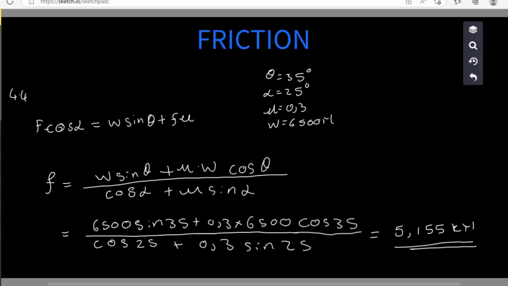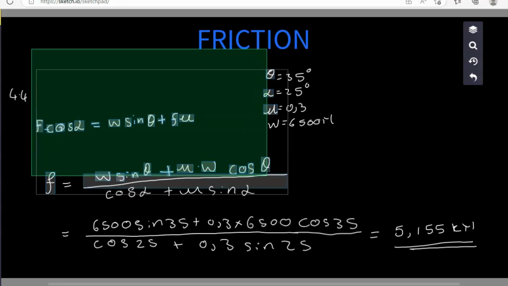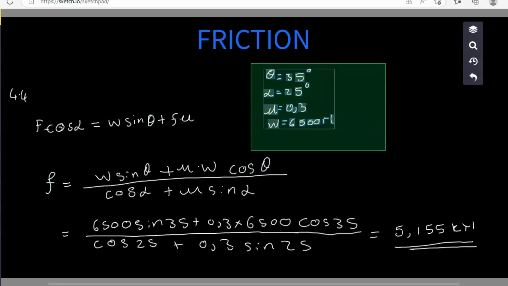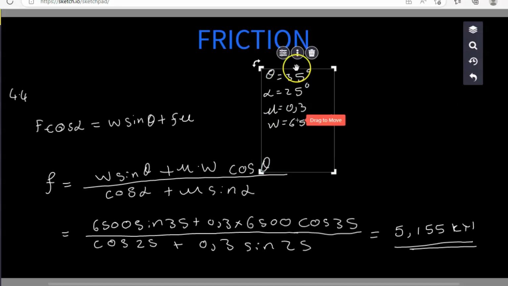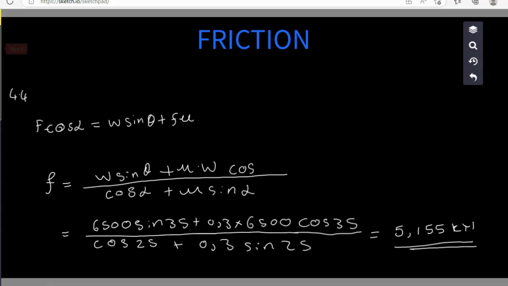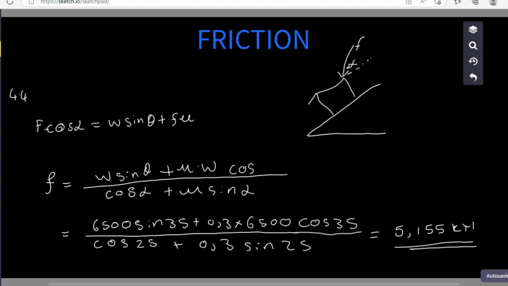There's something I want to point out. Let's erase this. Let's say you are given a diagram like this. A force that is applied in this manner at an angle of alpha, says force F, is the same force that is applied in this manner.